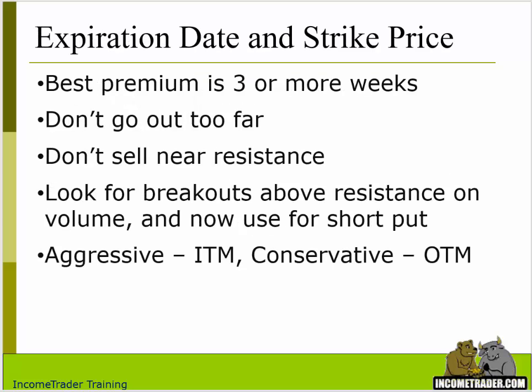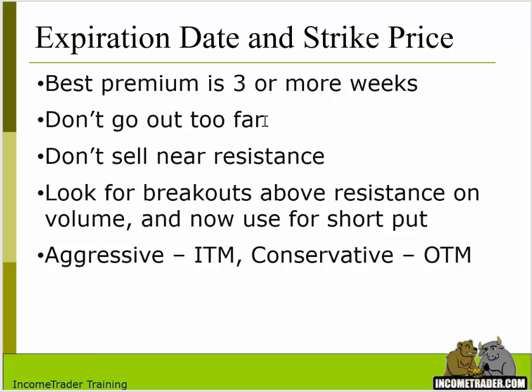Now, your expiration date and your strike price: typically we want to look out at least about 3 weeks, because there you're going to get a good amount of time value. You're going to get some weekend premium, and the market makers will price in a lot of fluff, or implied volatility. That's what we benefit from as a seller of time.